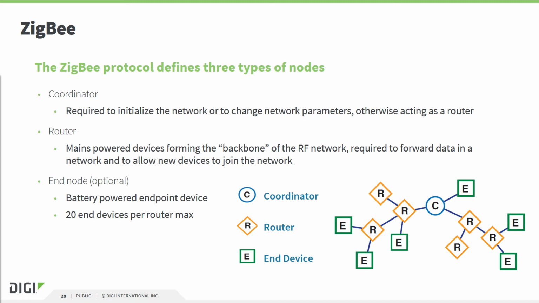The routers are the backbone of the ZigBee network, and those are the nodes retransmitting or routing all the data in order to reach every node in the network. Coordinators and routers obviously need to be mains powered. The third type of node is the end node, which could be battery powered, and those end nodes have a parent-child relationship with routers. The number that you need to be aware of is that one router can support up to 20 end nodes.